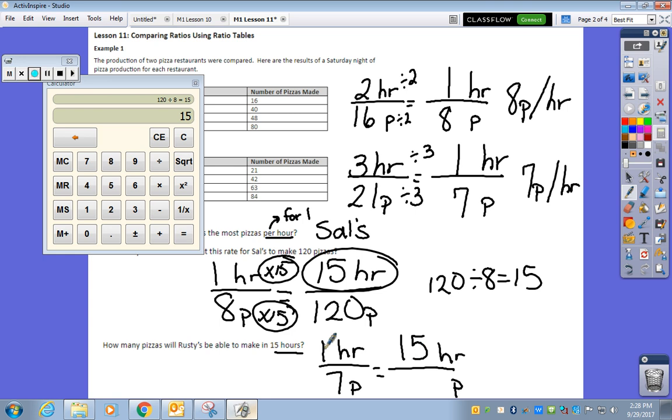I know 1 times 15 is 15, so I would do 7 times 15 to get 105 pizzas. And again, this goes along with that whole Sal's can make more pizzas. If we look, they're both at 15 hours. 120 is more than 105. So that still rings true even when we scale up using multiplication to higher amounts of time.